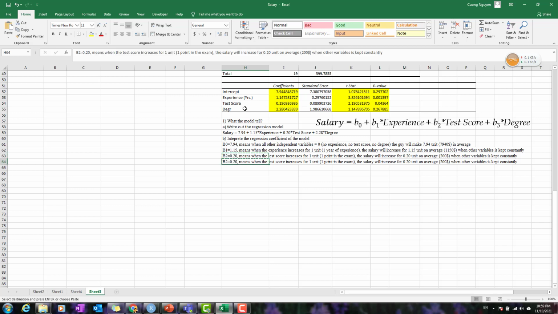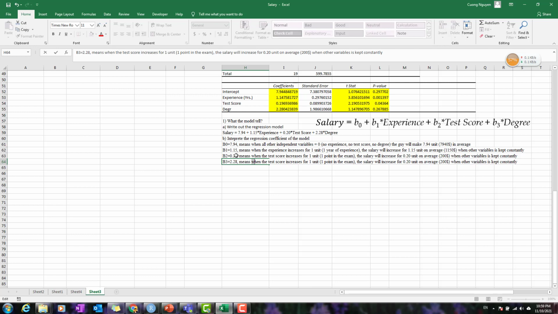And the last one is a little bit different because this degree could be a dummy variable. Sorry, that should be beta 3 equal to 2.28. With a categorical variable, that's a little bit different.